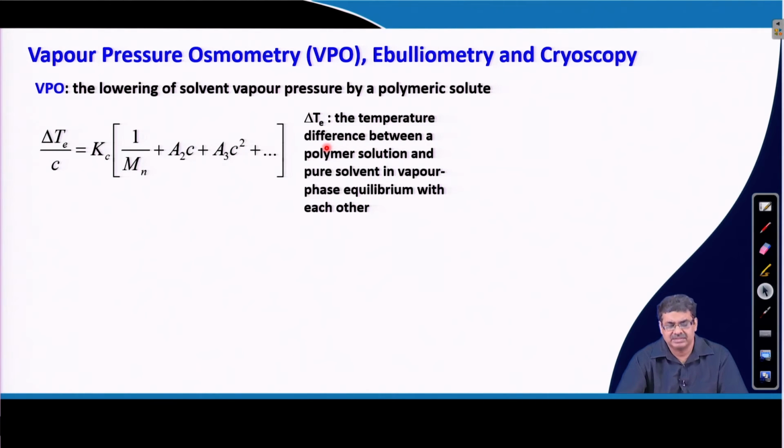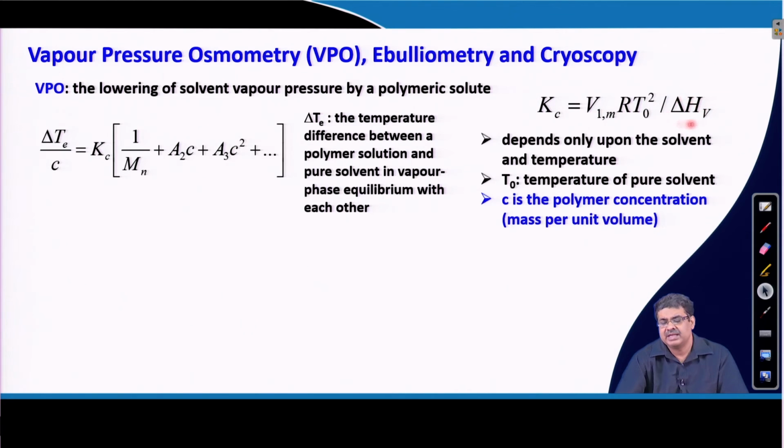So, basically it is the temperature difference which we need to maintain to have an equilibrium between the solution phase and the solvent phase. Now, Kc can be expressed this way, where delta Hv is the heat of vaporization for the solvent, and this is the molar volume of the solvent, and the rest of the terms are explained here, and T0 is the temperature of the pure solvent. Again, C is the polymer concentration, mass per unit volume.